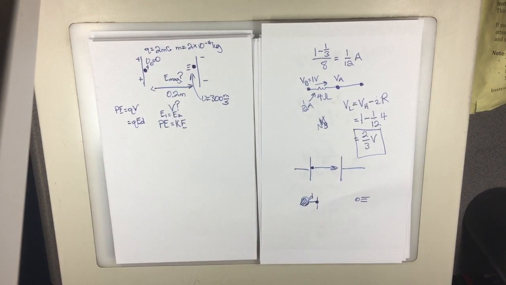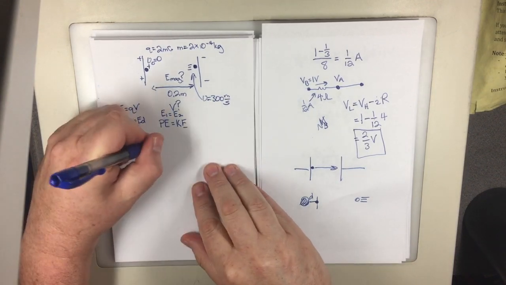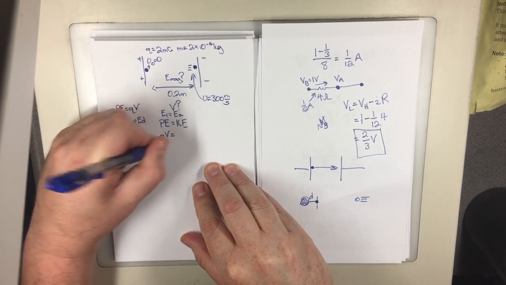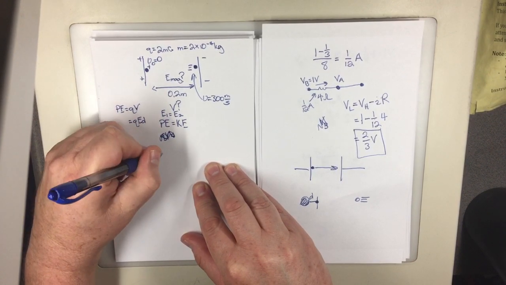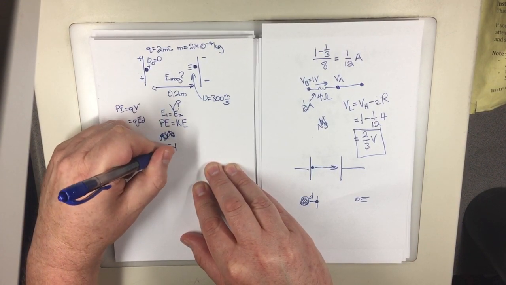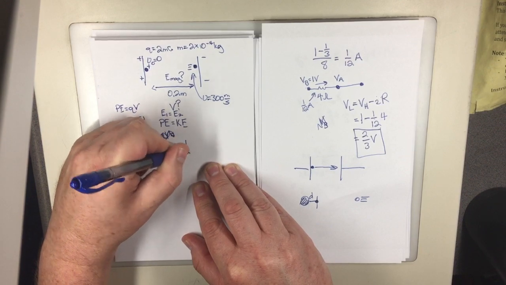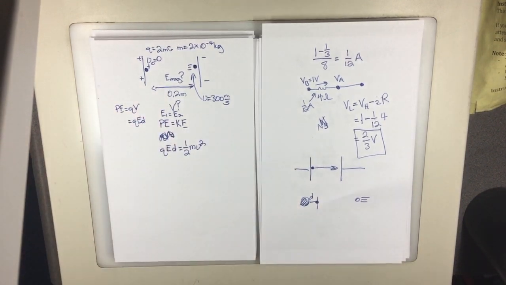So we could solve for V. Potential energy I'm going to write as QED. Kinetic energy is 1/2 mv squared. The reason why I'm going to look for E field first and then solve for potential difference, rather than solving for potential difference first, is that I don't want to get confused between the potential difference, big V, and the velocity, little v. So I'm going to stay away from that.